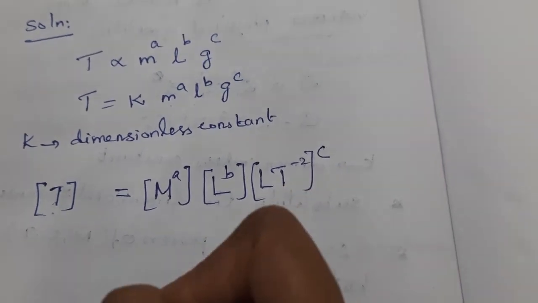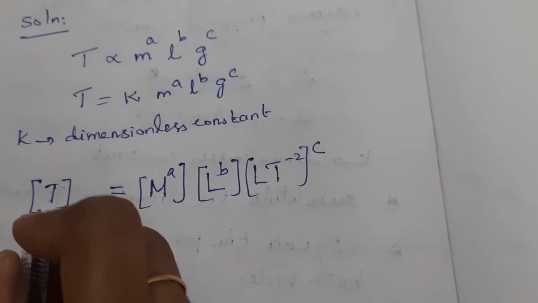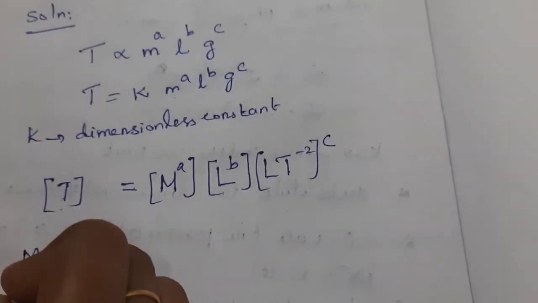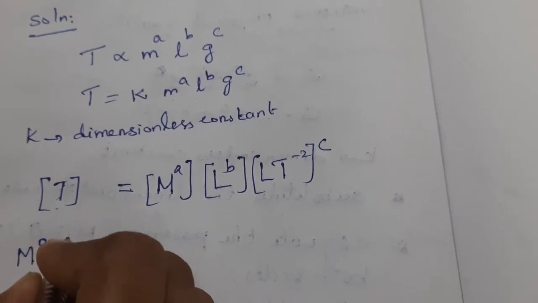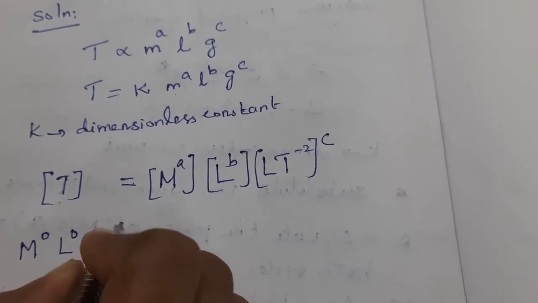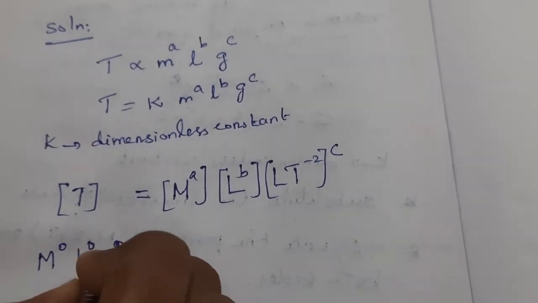Now we can rewrite this equation like this. Time has 0 dimension in mass, 0 dimension in length and 1 dimension in time.